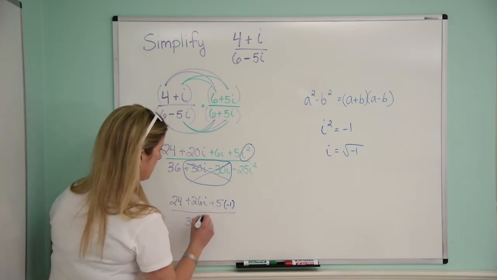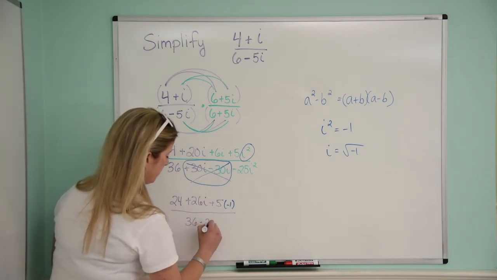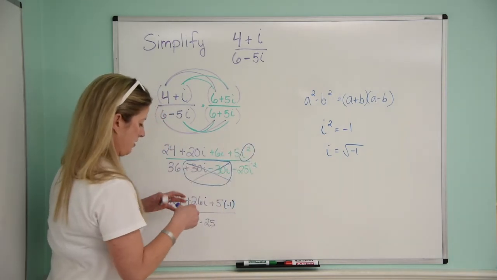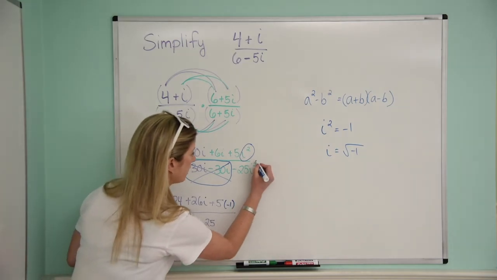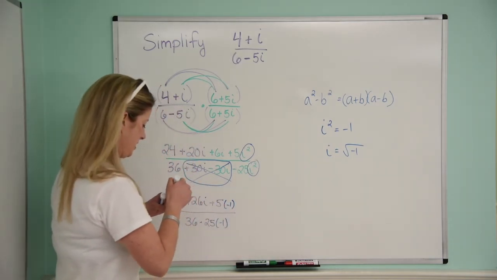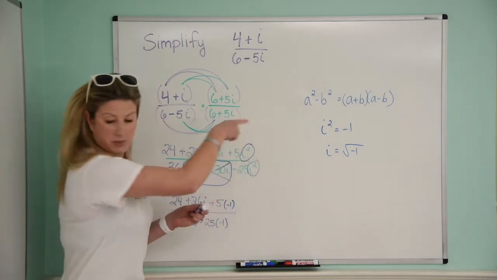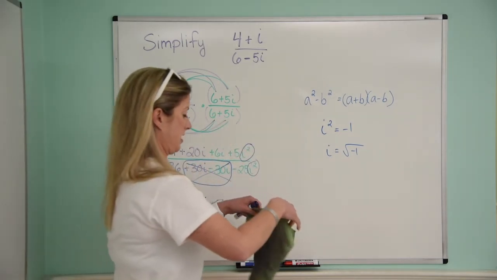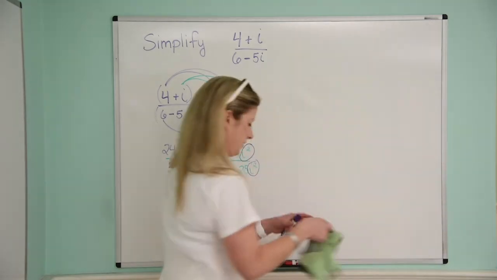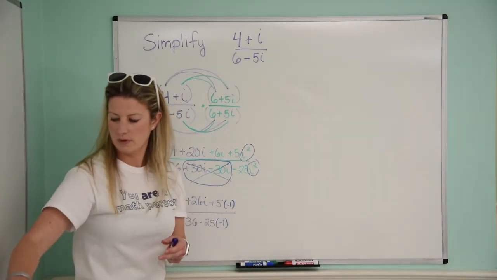36 minus 25, and then remember, i squared is -1. So I'm going to replace the i squared right here with -1. All right. Now, I'm going to come up over there, so I'm going to have to erase that. Perfect.